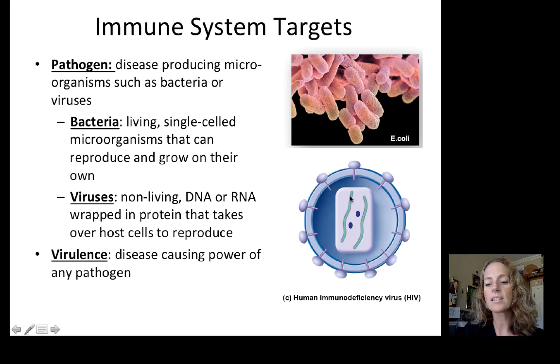So they're very complex in structure, but they cannot live without a host. So they will take over the host cell and take over the machinery in order to reproduce themselves. There is a term called virulence, and that is the disease-causing power of any pathogen. So how strong or how effective are those bacteria and viruses at damaging the body, causing disease?